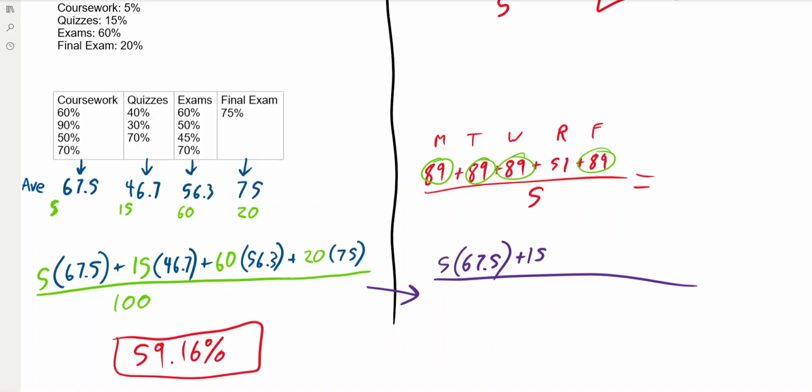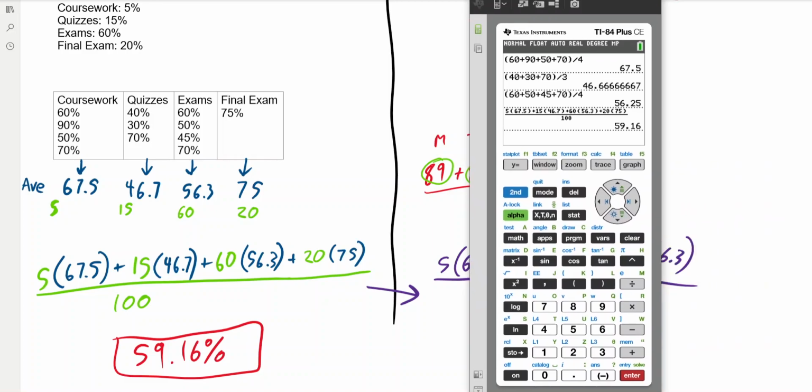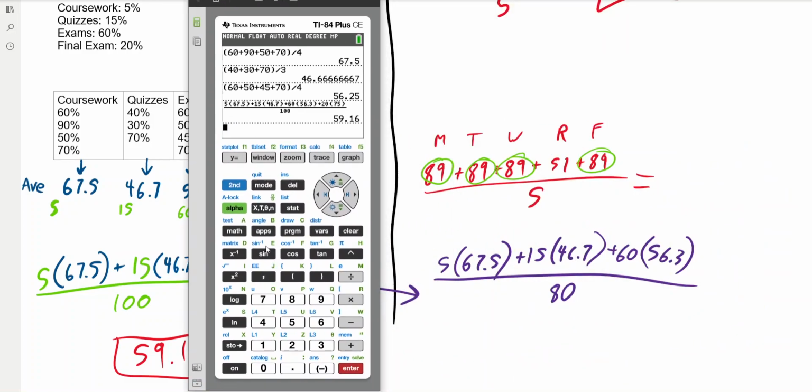Plus 15, 46.7, plus 60, 56.3. But now when you add 5 plus 15 plus 60, we end up with 80 on the bottom. So instead of dividing by 100, because we're not including that final exam category, because there's nothing in there yet, we're going to divide by 80.